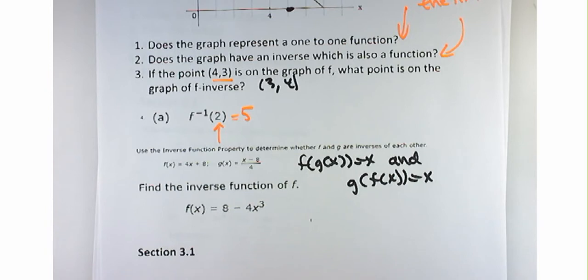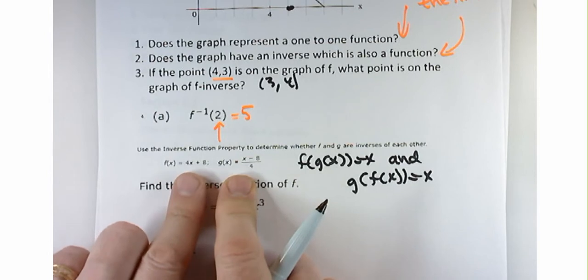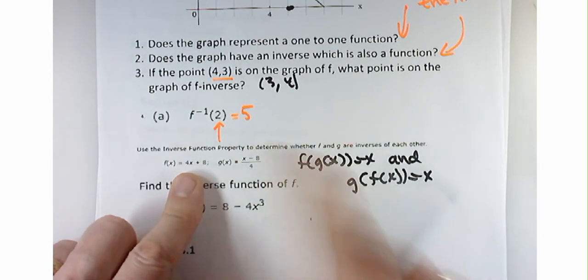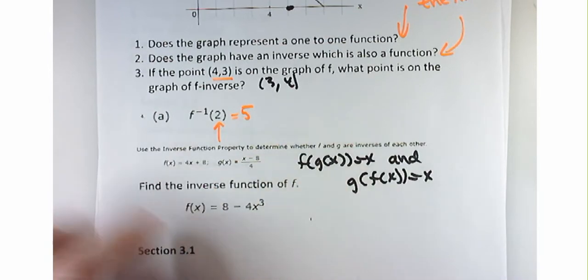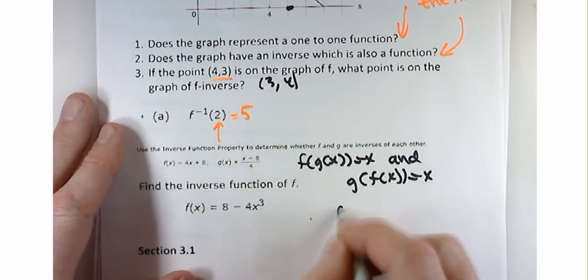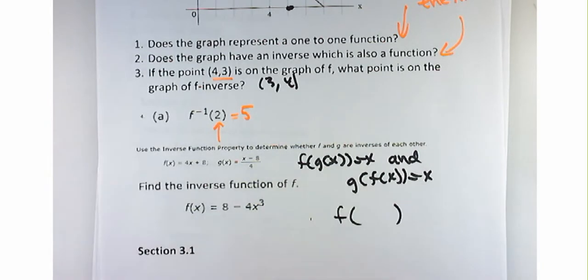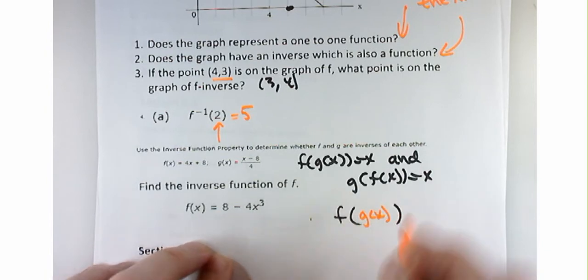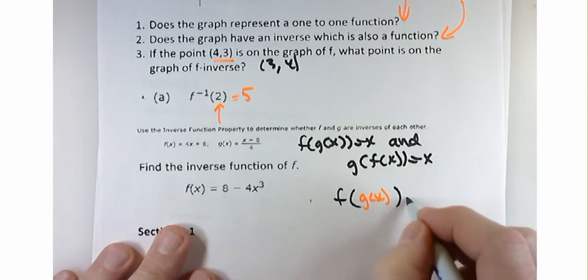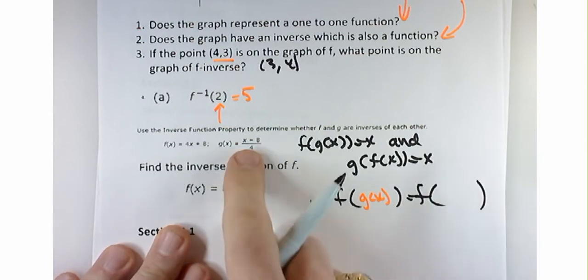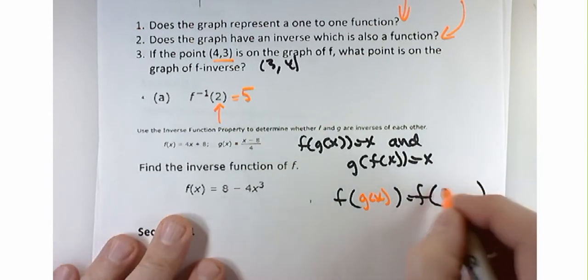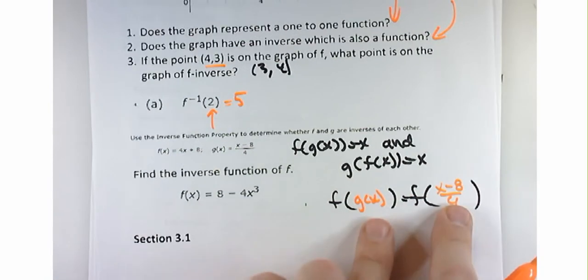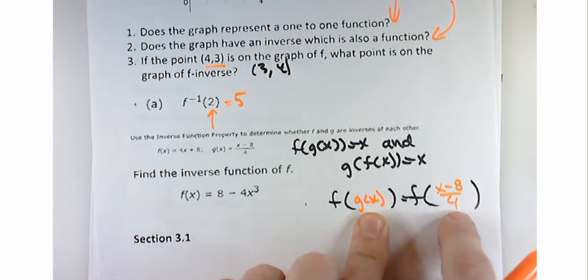Now, there's a couple ways I could ask that question. I'm not really going to be anxious for you to plug in f of g of x and g of f of x and compute and get x, but I will show you one of those. Let's do f of g of x. So f of g of x really means, since g of x is (x minus 8) over 4, I'm going to replace g of x by that.